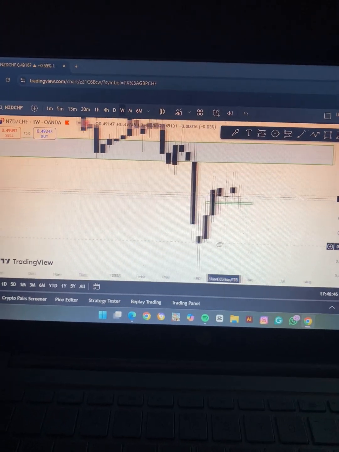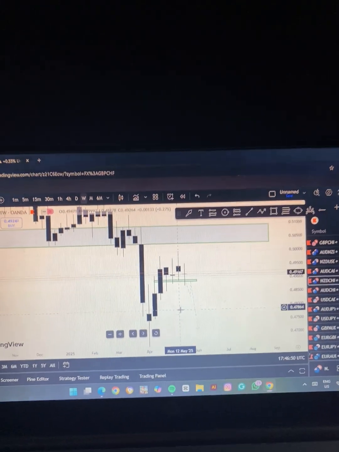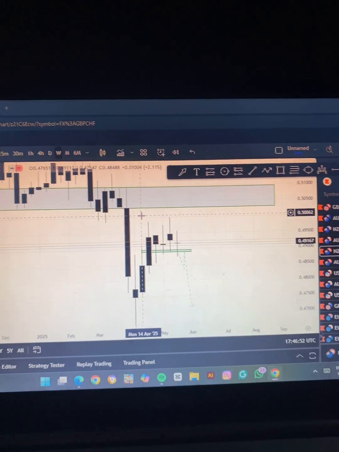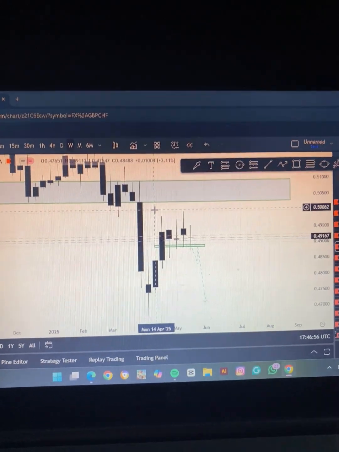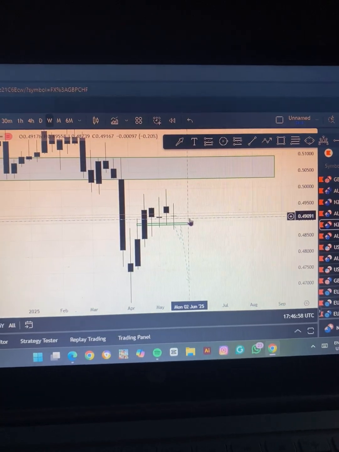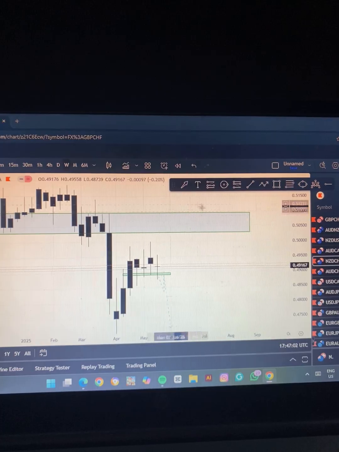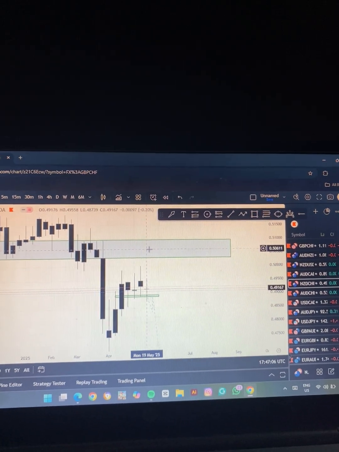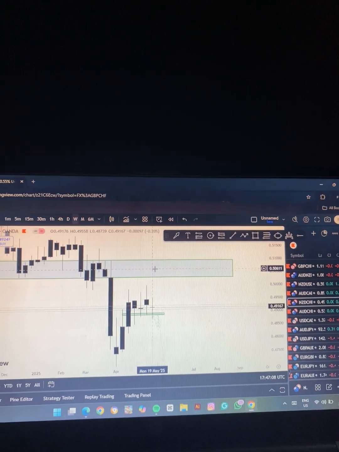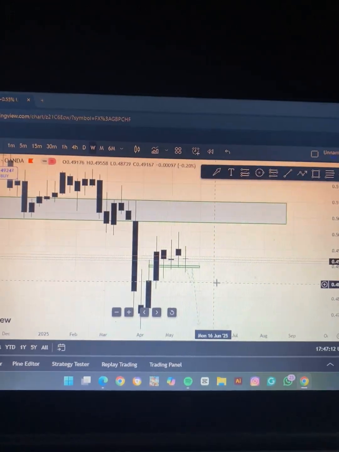Now, the idea for this trade was for it to get to this zone, create a change of structure, shift the change of structure, and sell.